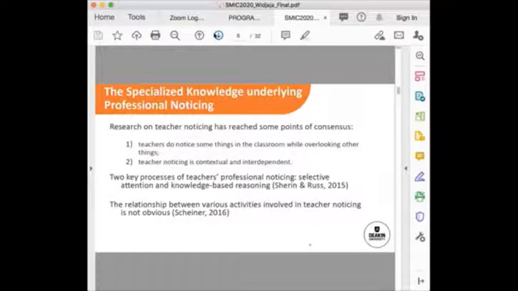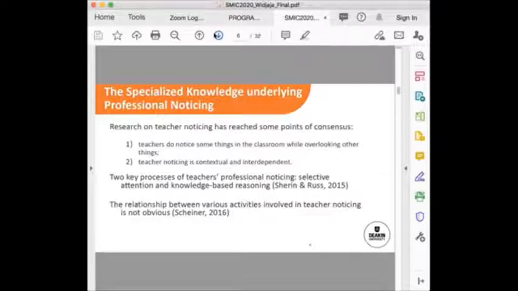A lot of studies have looked at the knowledge underlying professional noticing. There are a few points of consensus, although there are still some unresolved areas. The first point is that teachers do notice some things in the classroom while they might overlook other things. That is quite common: you always probably foreground something, and some other things are noticed, but probably more in the background.